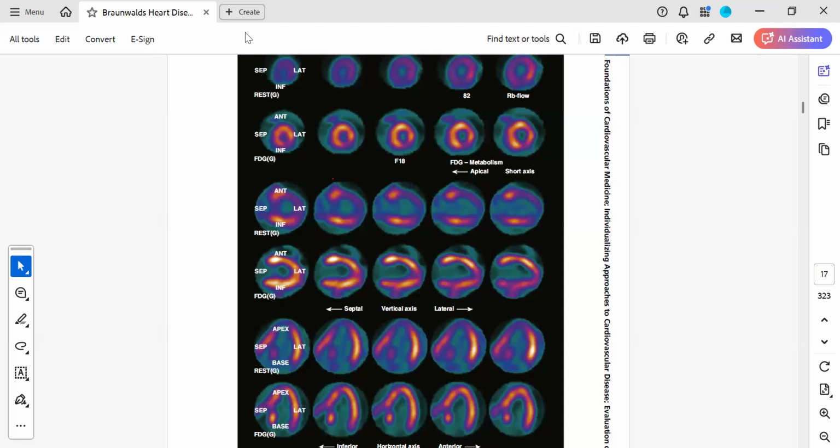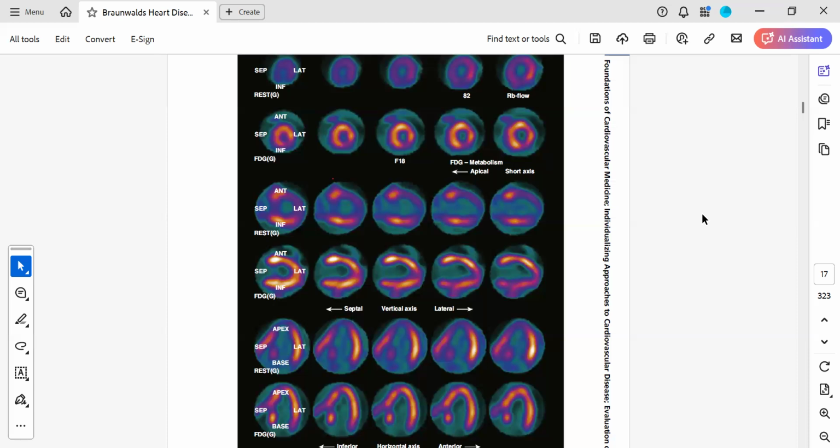Every time you're interpreting both at rest and at stress, or at rest and when metabolic agent is given, you have to interpret and compare. So you are taking the cuts of the myocardium both at rest and when the metabolic agents are given for different segments of the heart. So you have to compare them.